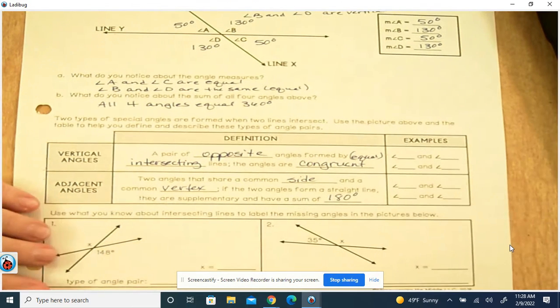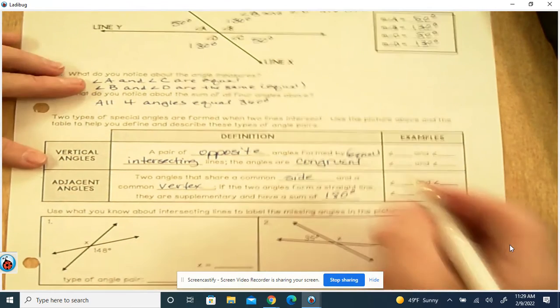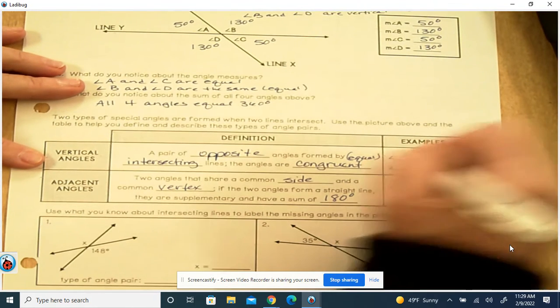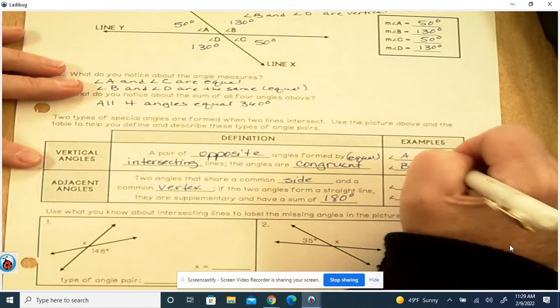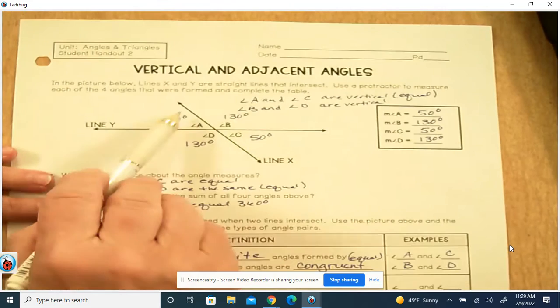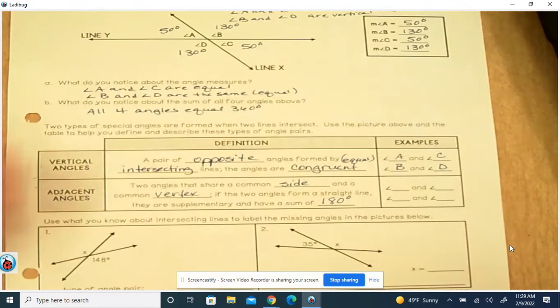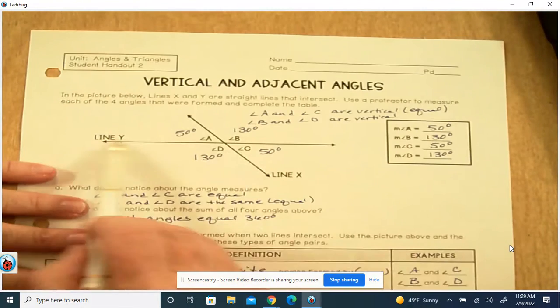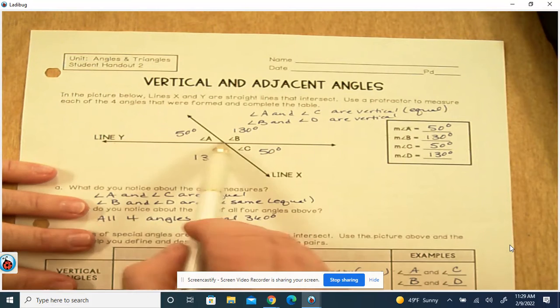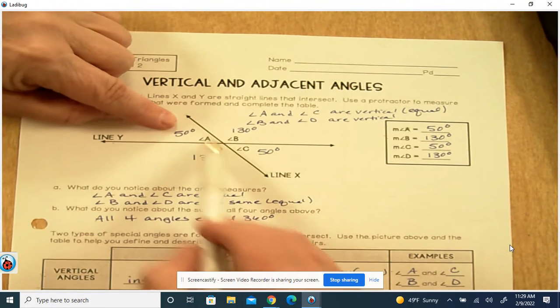180 degrees. So our vertical angles we've already set up here are angle A and angle C and angle B and angle D. These two are vertical and these two are vertical. So adjacent angles, if we look at it, A and B are adjacent and they share this one side.